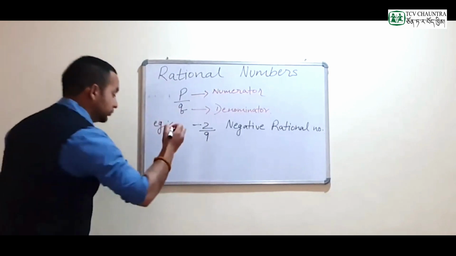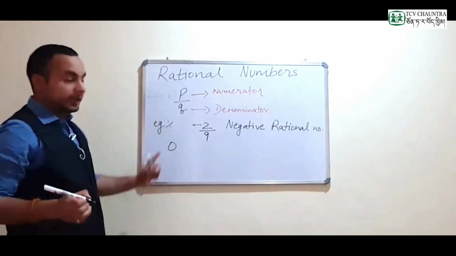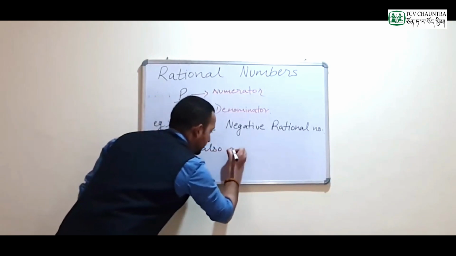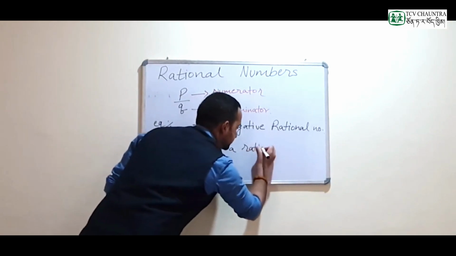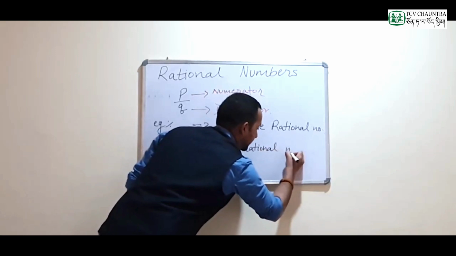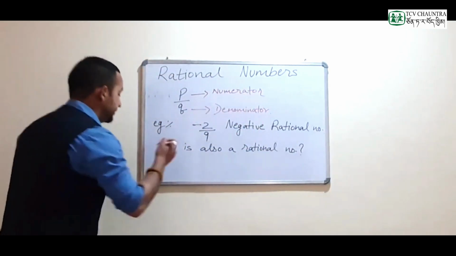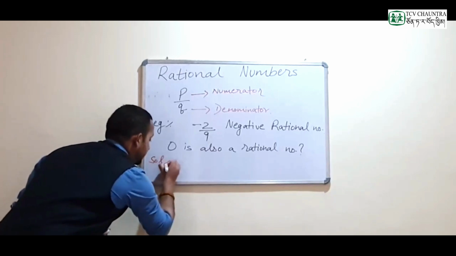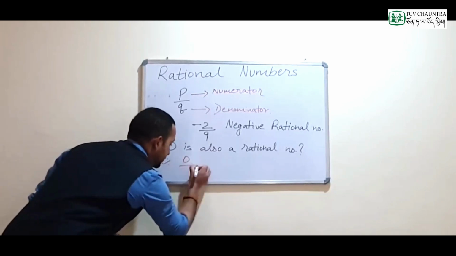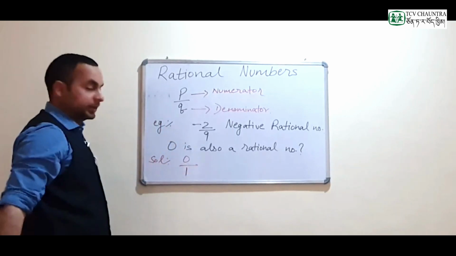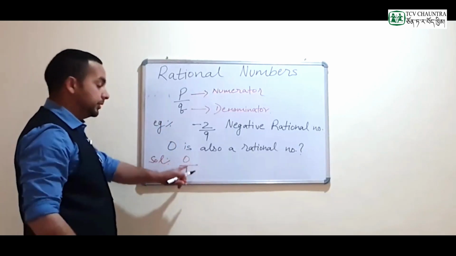And the number 0 is also a rational number. Why? Because again we can express 0 in the form of p by q. If we take 1 in the denominator, 0 upon 1 is expressed in the form of p by q.